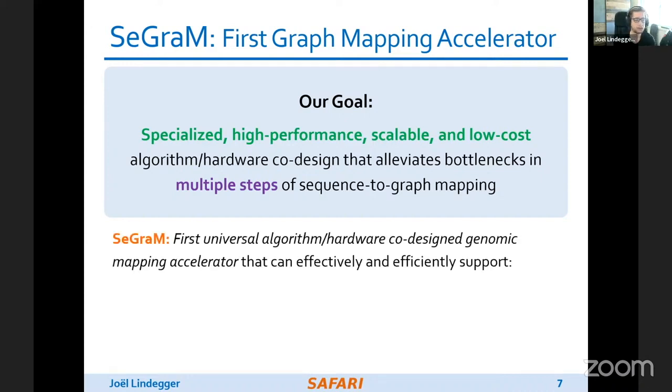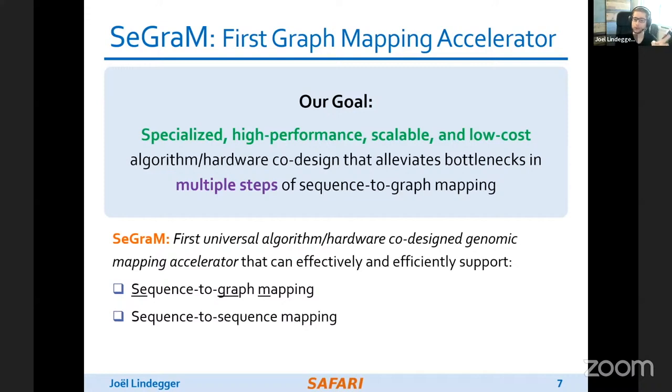So we proposed to this end SeGraM, the first universal algorithm-hardware co-designed genomic mapping accelerator. And why is it called universal? It can do sequence to graph mapping, this much more complex task that we just looked at.